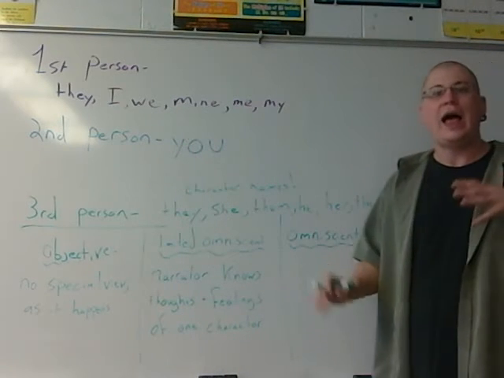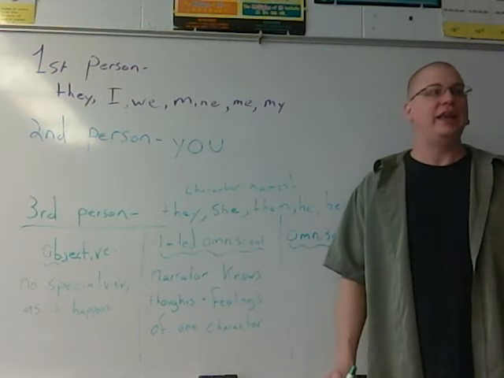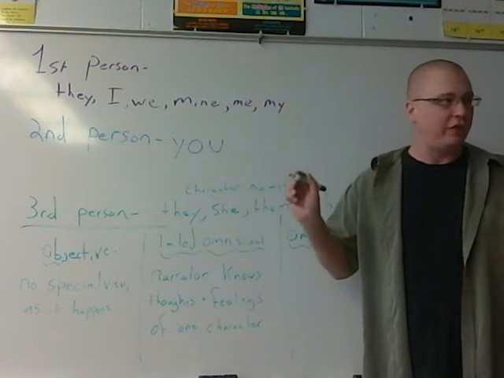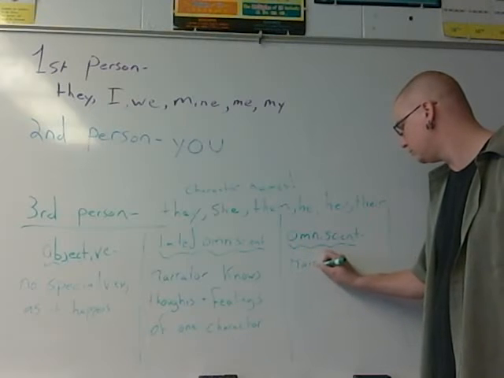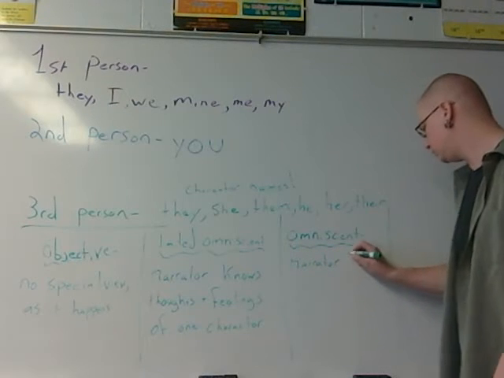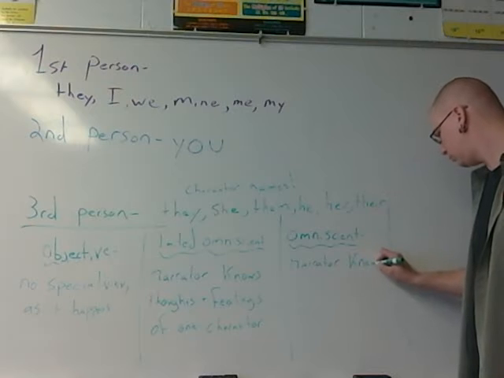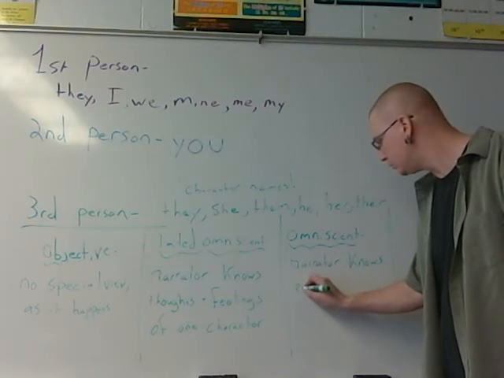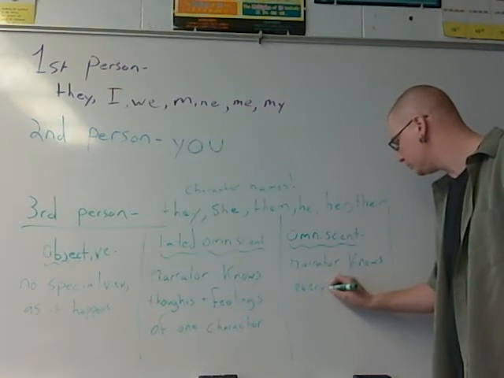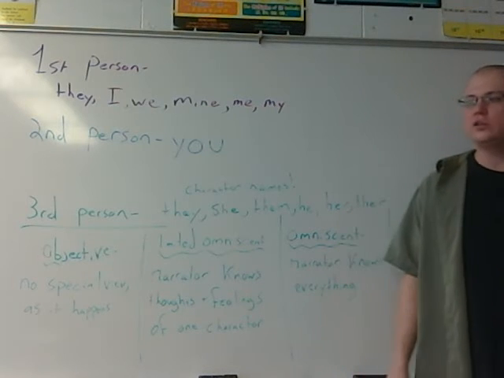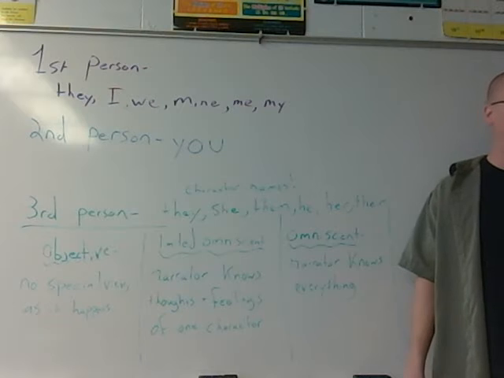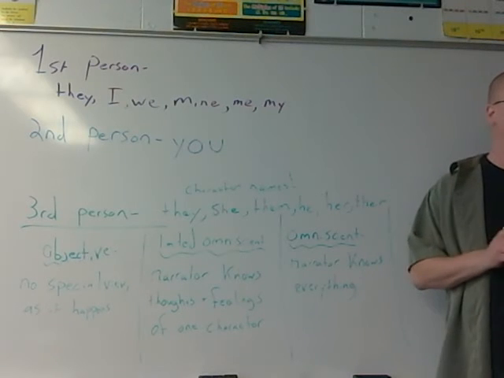In third person, omniscient, that means the narrator knows everything. I had a really hard time coming up with an example for this one, and in fact, I still couldn't do it.